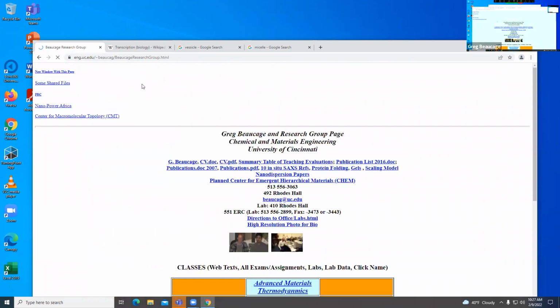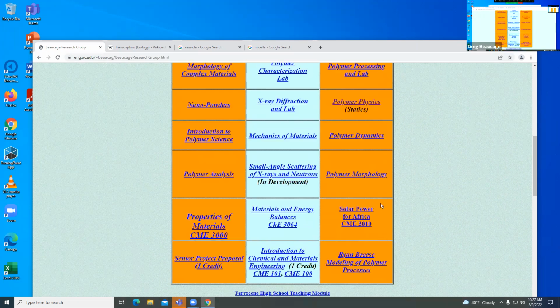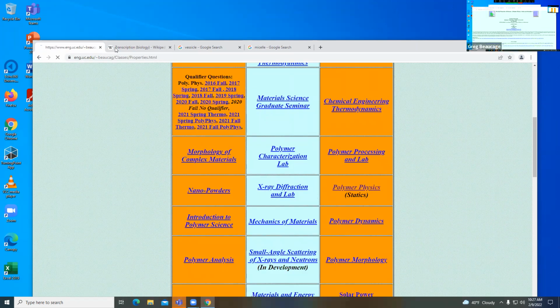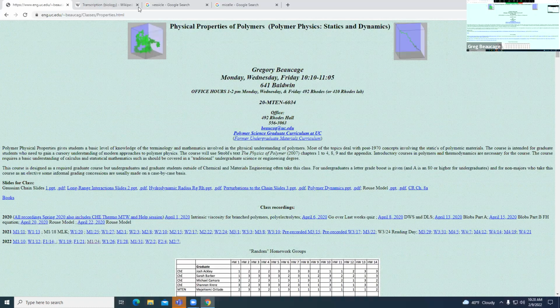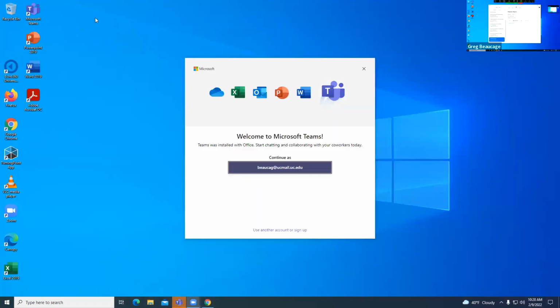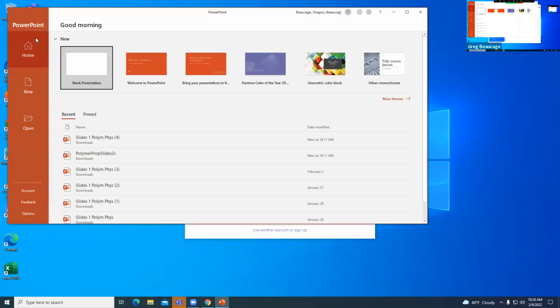Not this thing. It's going to take me a minute to get this thing up. Let's see, I have both things out here already though. I can just figure out where it puts them. I think if I just open PowerPoint, I can find it. Slides 1.